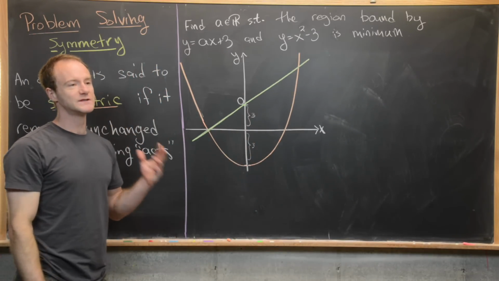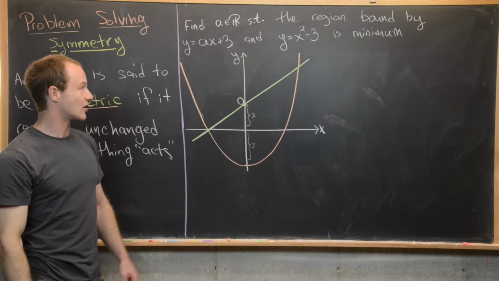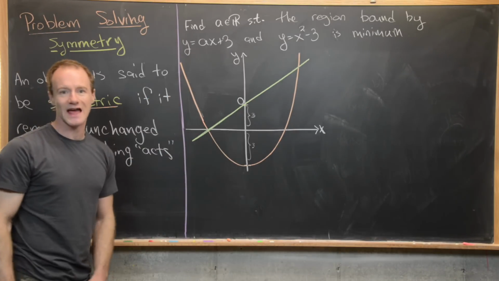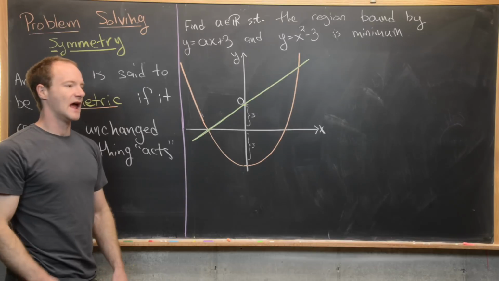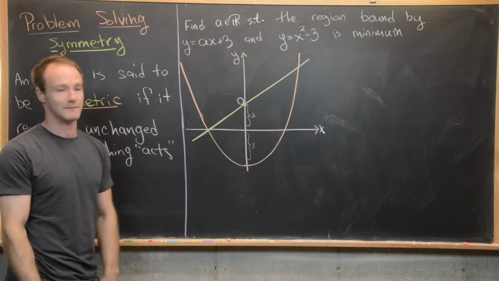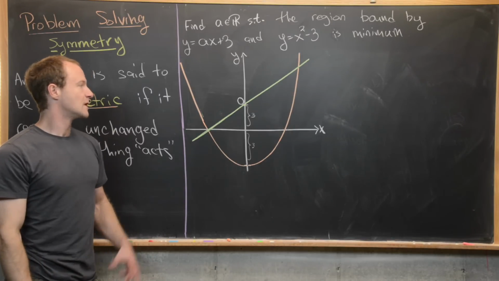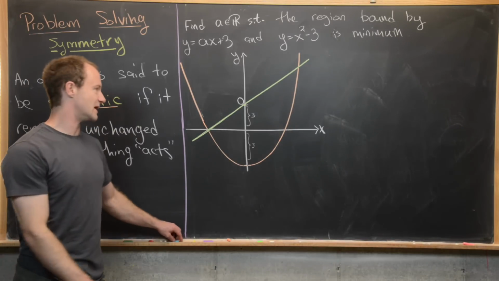You could most definitely use calculus to do this. You could find this area as a function of a using a definite integral, and then use the extreme value theorem in order to calculate the minimum value. But we're going to do it strictly geometrically.